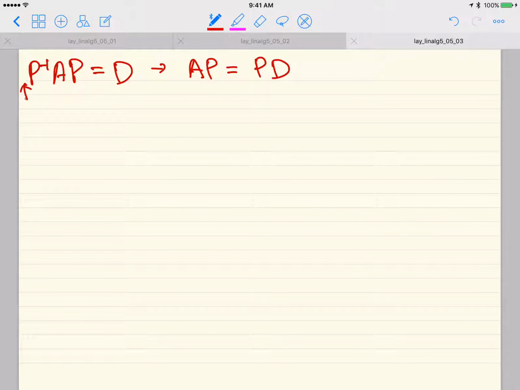By just multiplying P on the left. Okay, so let me tell you how we can construct this matrix P and D using eigenvalues and eigenvectors that we learned.